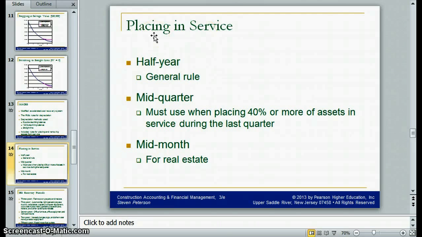Under the IRS method, there are a couple of different options depending on when the asset was placed in service. You could use the half-year convention, the mid-quarter convention, or the mid-month convention.